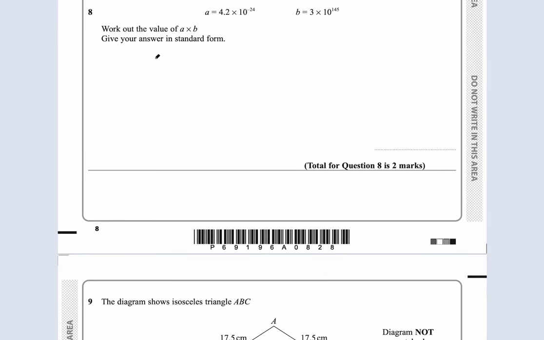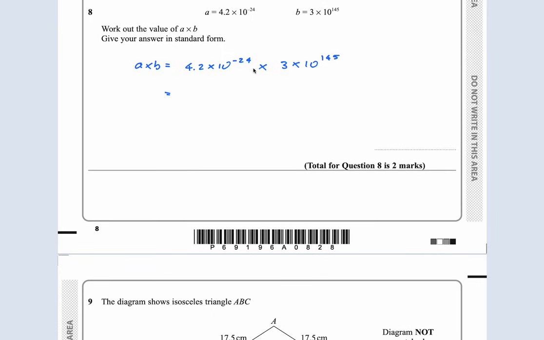So I need to do it the kind of old school way. A times B is equal to this, 4.2 times 10 to the minus 24 times 10 to the power of 145. Okay, sorry, I forgot the 3. What am I doing? Times 3 times 10 to the power of 145.